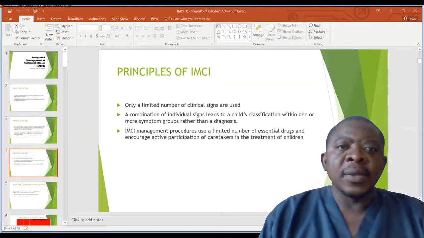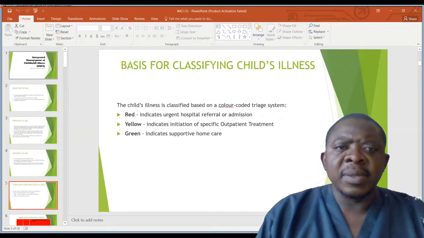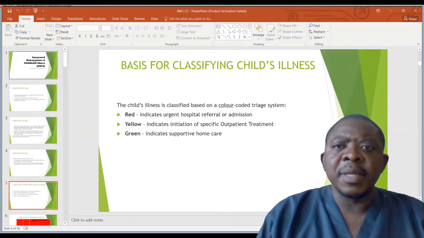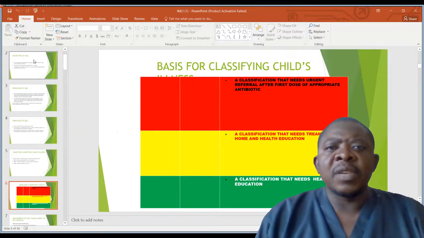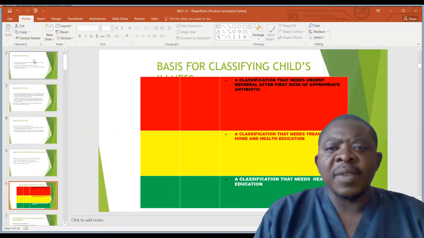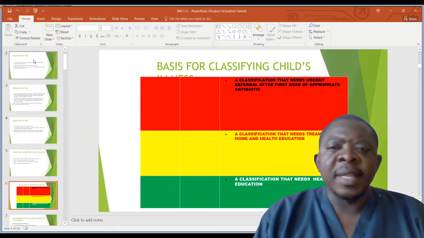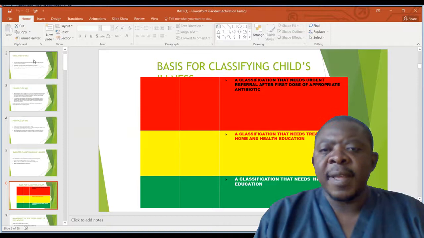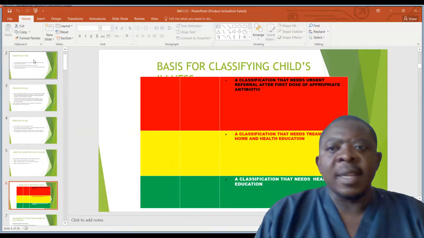So these were the principles of IMCI, and we have talked about the basis of classifying a child's illness. The color triad is like this: green, a classification that needs education and or supportive care. Then yellow, a classification that needs treatment at home and health education.